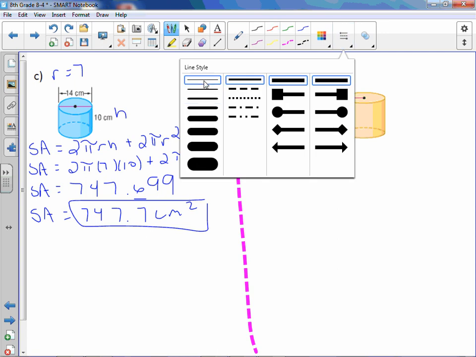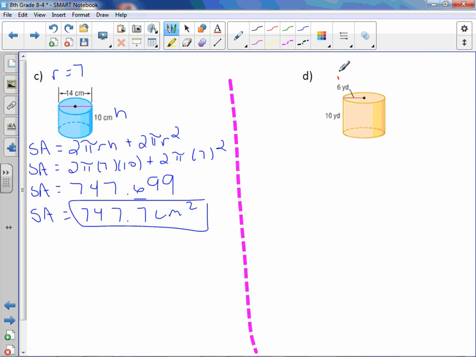Letter D. Radius is 6, height is 10. Surface area equals 2 pi r h plus 2 pi r squared.